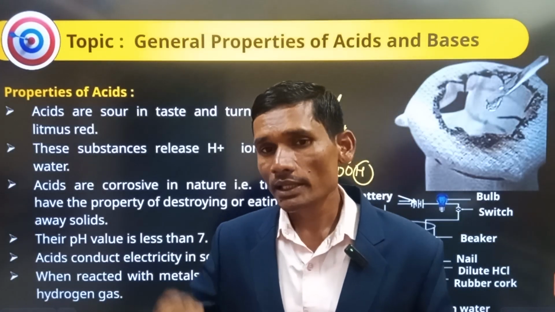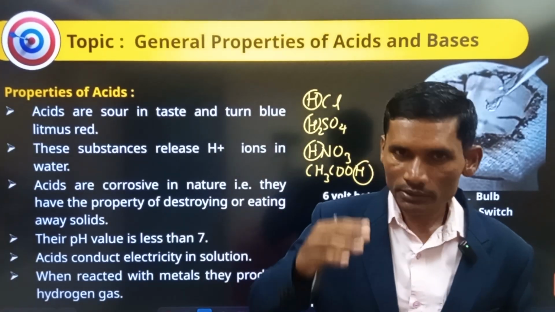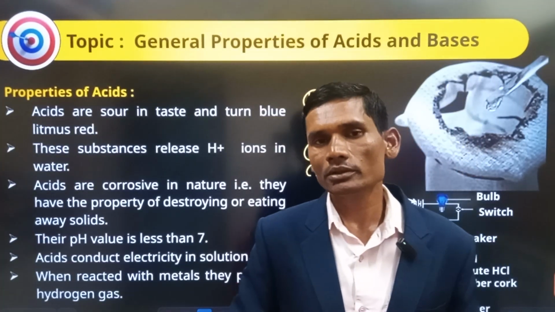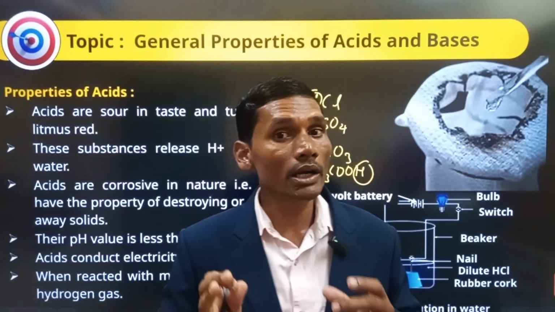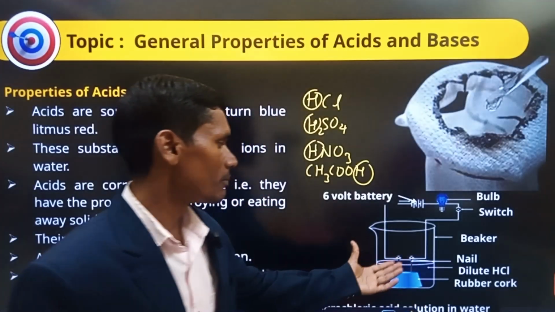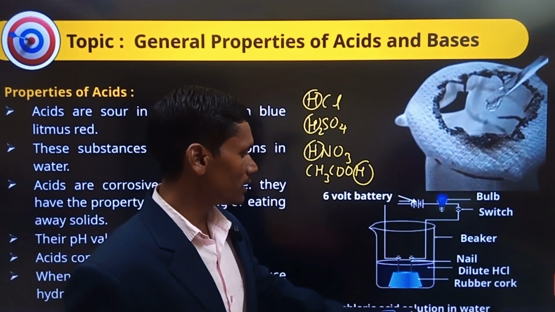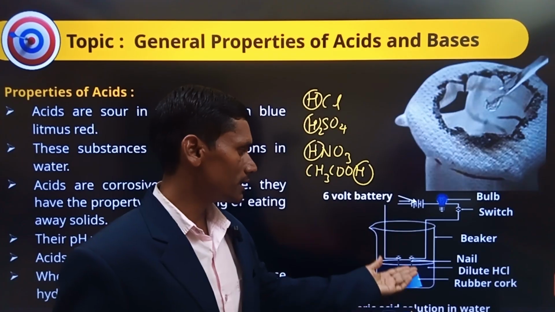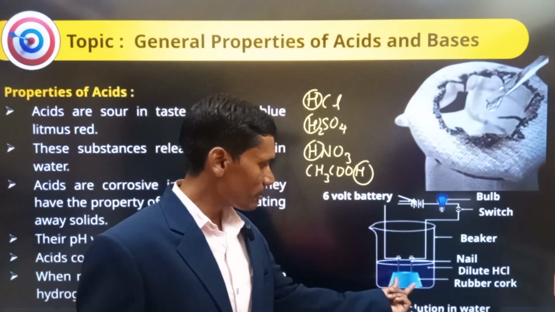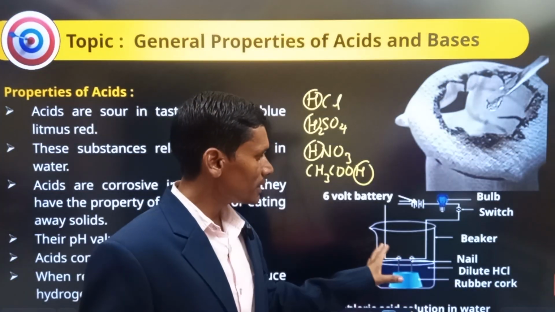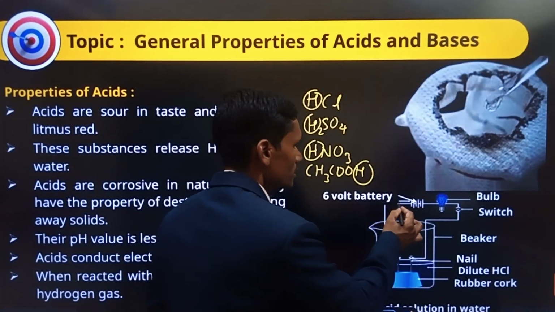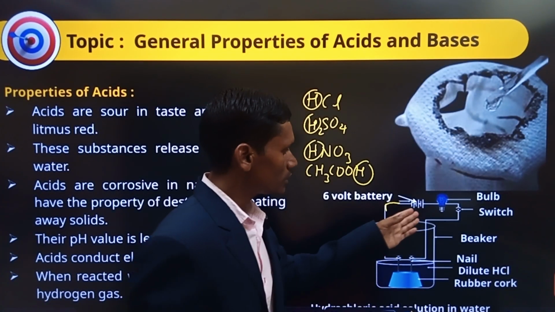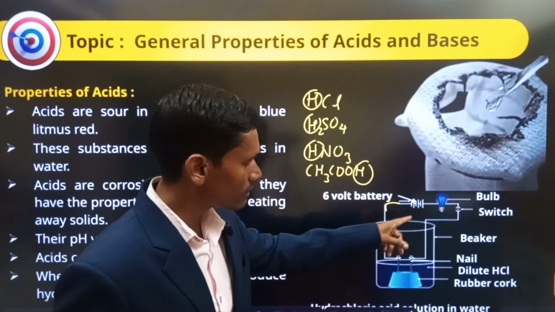Next, acids, when dissolved in water or in solution, have the ability to conduct electricity. For example, a beaker is taken, with dilute HCl solution, a rubber cork, and two nails fixed. This circuit is connected, right? When you turn on the switch, what happens? The bulb glows.